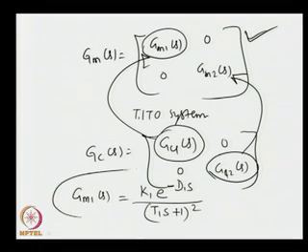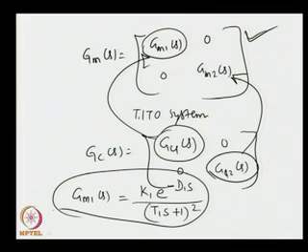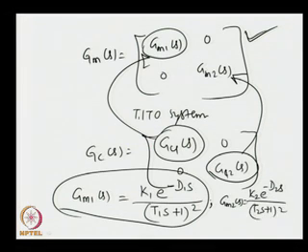So, this is the dynamics of the process transfer function. Similarly, GM2S can be expressed as K2 e to the power minus D2S upon (T2S plus 1) square.